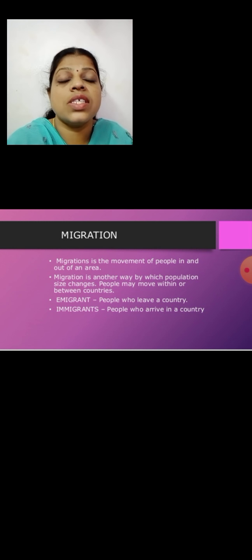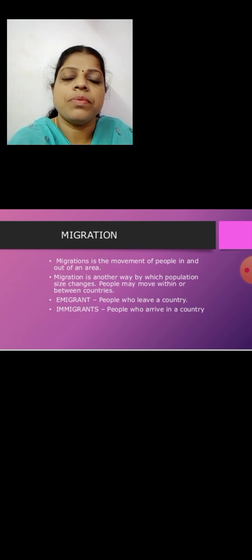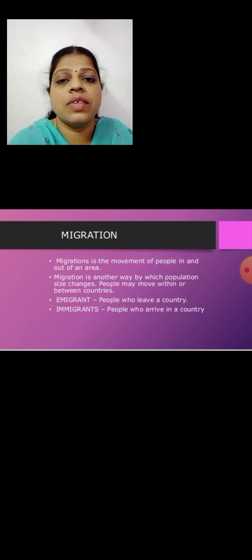The next one is migration. What about migration? Migration is the movement of people in and out of an area. Migration is another way by which population size changes. People may move within or between countries.